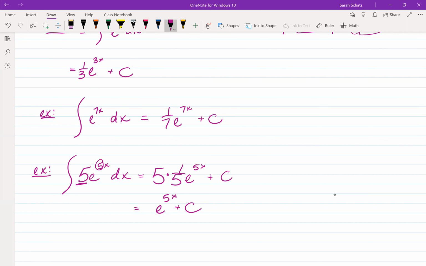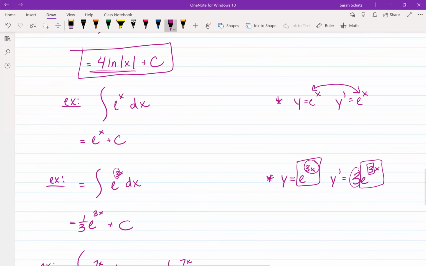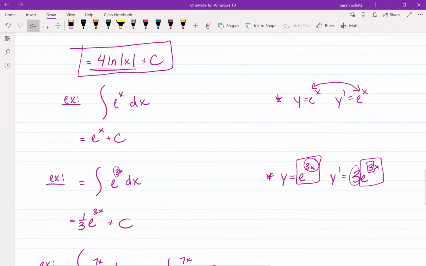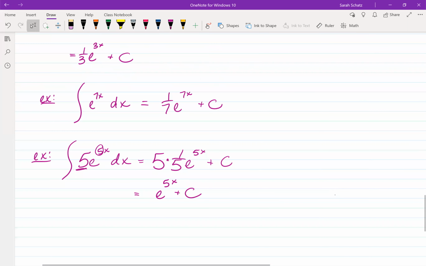So you guys, these are the rules you're going to use as you do your homework in 13.1. So we have the exponential, we have the natural log, then we have the basic power rule. Coefficients work the same way. They just come along anytime you see them there.